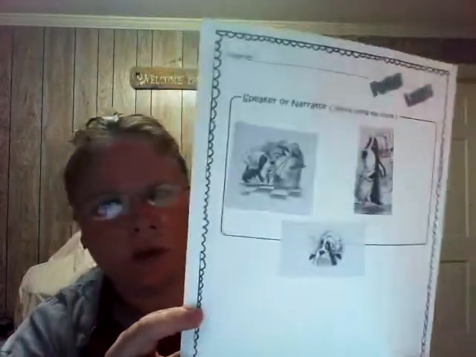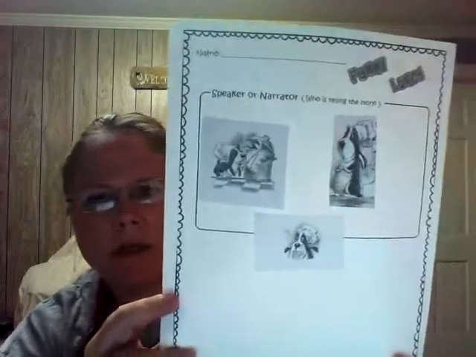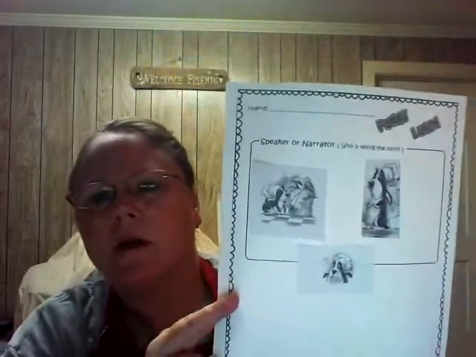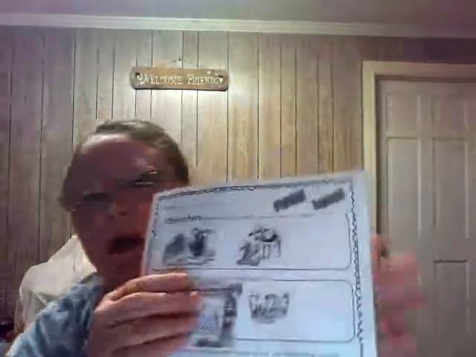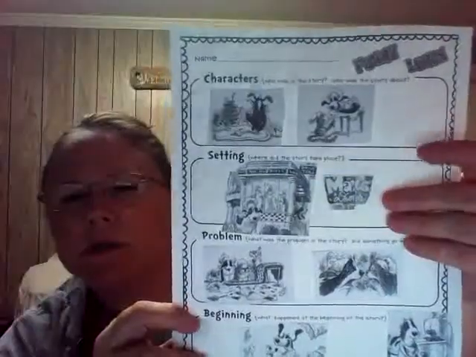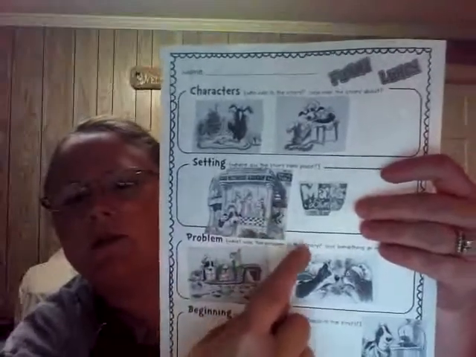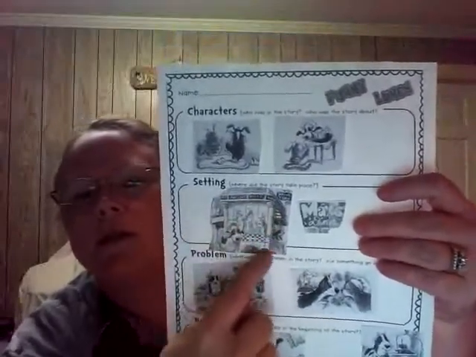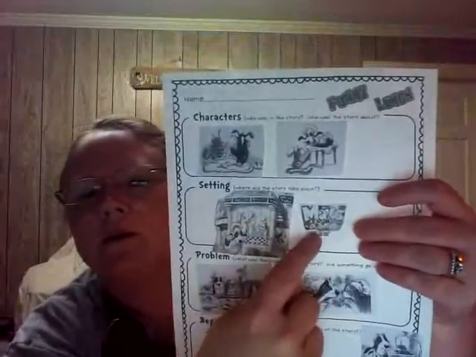What I did was I copied some pictures from the book for the kids to look at. For instance, the setting, I reduced the size of the image so the students could look at where this story takes place. And here is Max's Diner.